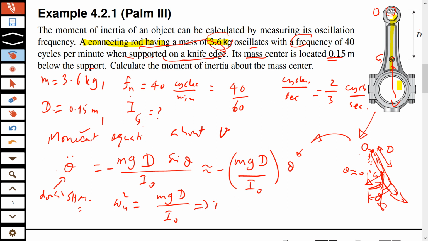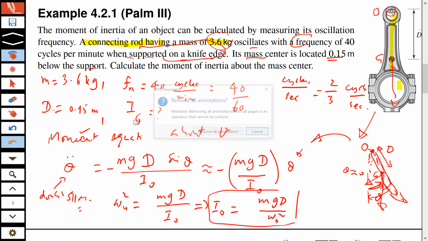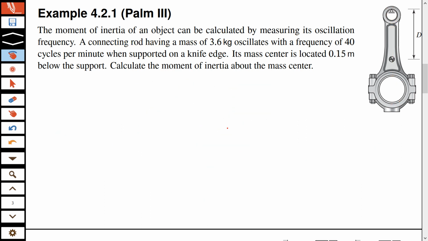But our purpose is to write an expression for IO, and IO from this will be mgd divided by omega n squared. Okay, so far we are safe. Let me just write this down. IO is mgd divided by omega n squared.